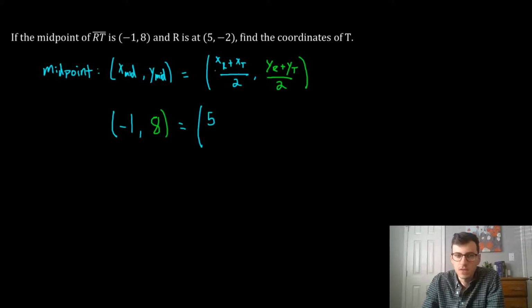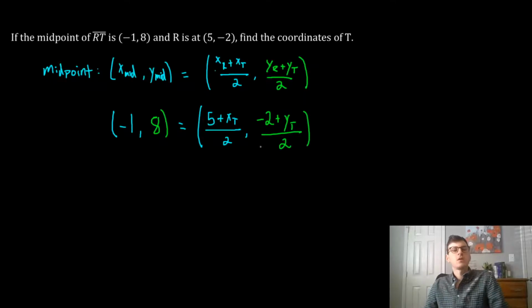I don't have the X coordinate of T. And I have the Y coordinate of R, which is -2. But I don't have the Y coordinate of T. Okay, so how can I set up an equation that will let me solve for the X coordinate of T and the Y coordinate of T? Hopefully you're thinking in this direction.